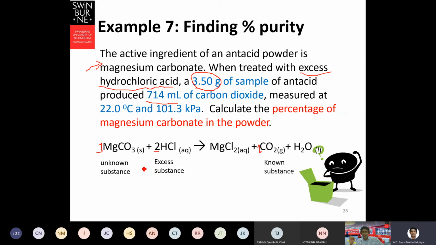This is one key point in our investigation. So however many moles of carbon dioxide are produced, that exact amount of magnesium carbonate was in the powder. Now we find how much carbon dioxide can be produced.